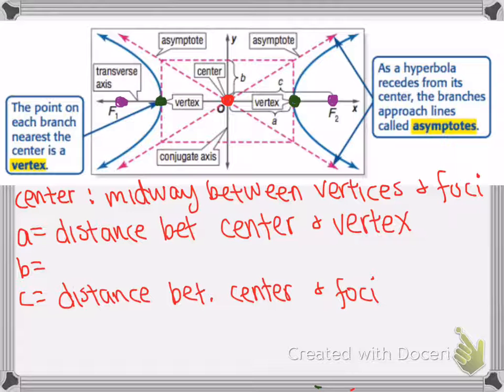Now, with respect to B, I don't want to get too detailed with these hyperbolas, but B is this distance from the center up to this box. I don't want to talk about where this box really comes from. I just want you to realize that B, along with the foci, helps us determine the width of the parabolas.